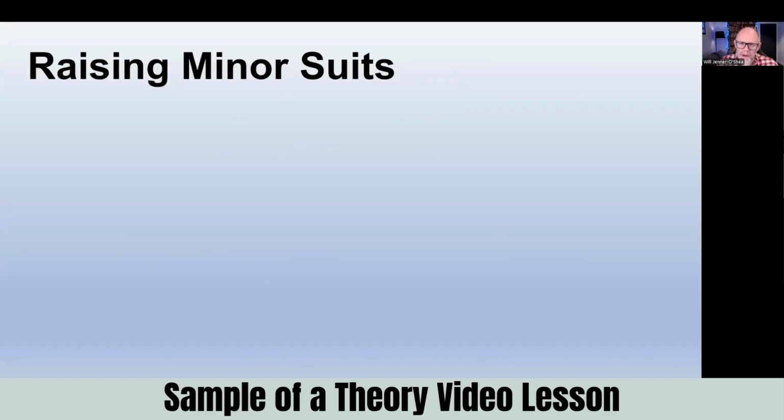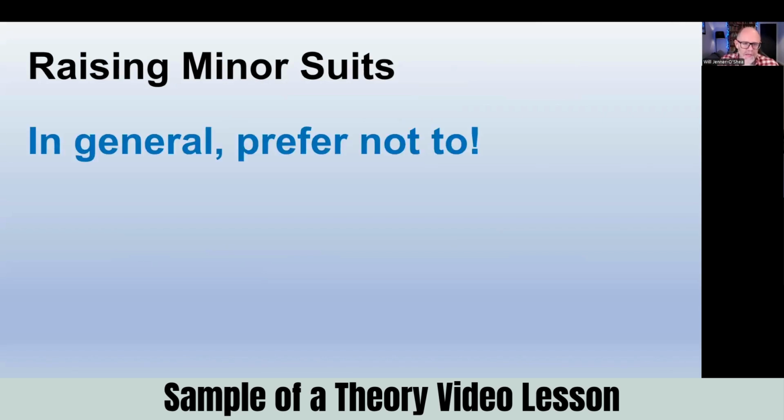But when you're raising a minor, first things first, in general, prefer not to raise a minor. It's the first thing that needs to be said. If partner opens a diamond, say, and it doesn't matter if their diamond shows 3 or 4 or 5 cards in diamonds, in general, raising diamonds is the last thing on your list of things that you should be trying to do.